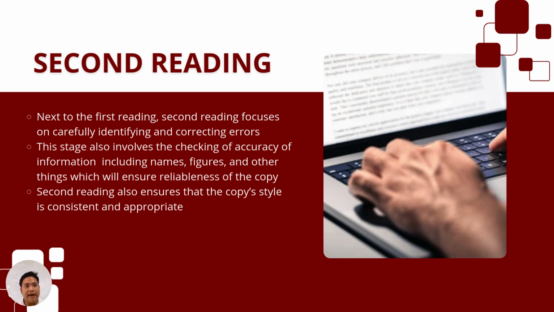And lastly, we have to remember that the second reading also ensures that the copy style is consistent and appropriate. Writing style should be consistent and appropriate for the publication and also for the audience. This keeps the copy professional and uniform throughout.